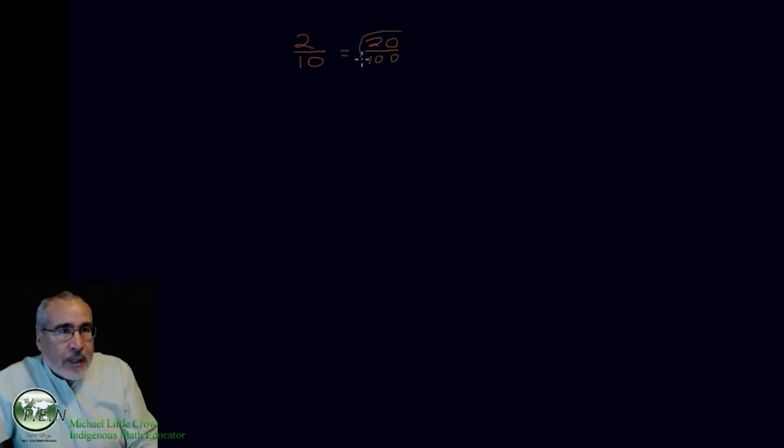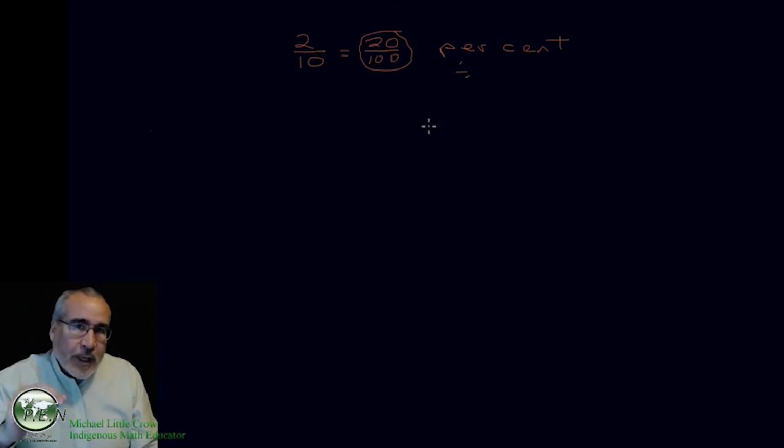This is the basis of the concept of percent. The per part means divide. So whenever we see the word per in math, we're going to think of division. Cent is a Latin word meaning 100. So it's divided by 100, and notice that's exactly what's happening.